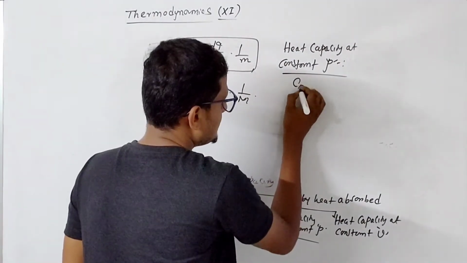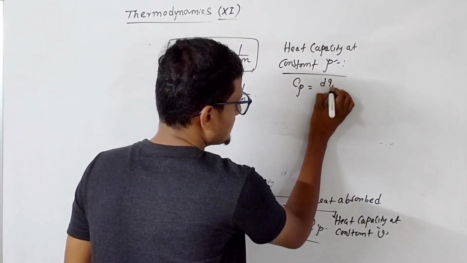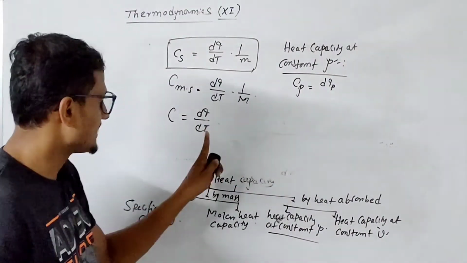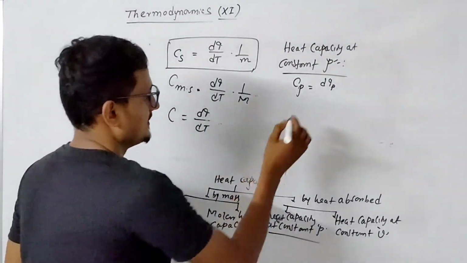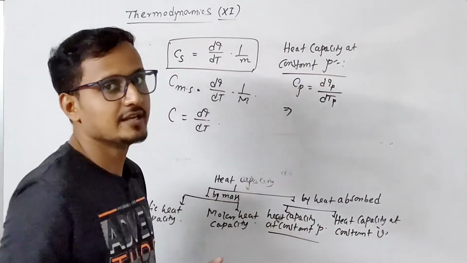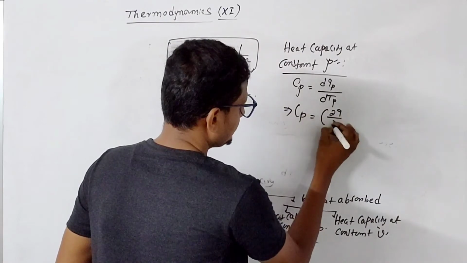So it is denoted by Cp. At constant pressure, instead of dq we will write dqp, and instead of dt we will write dtp. Now this derivative form can be written as differential form.